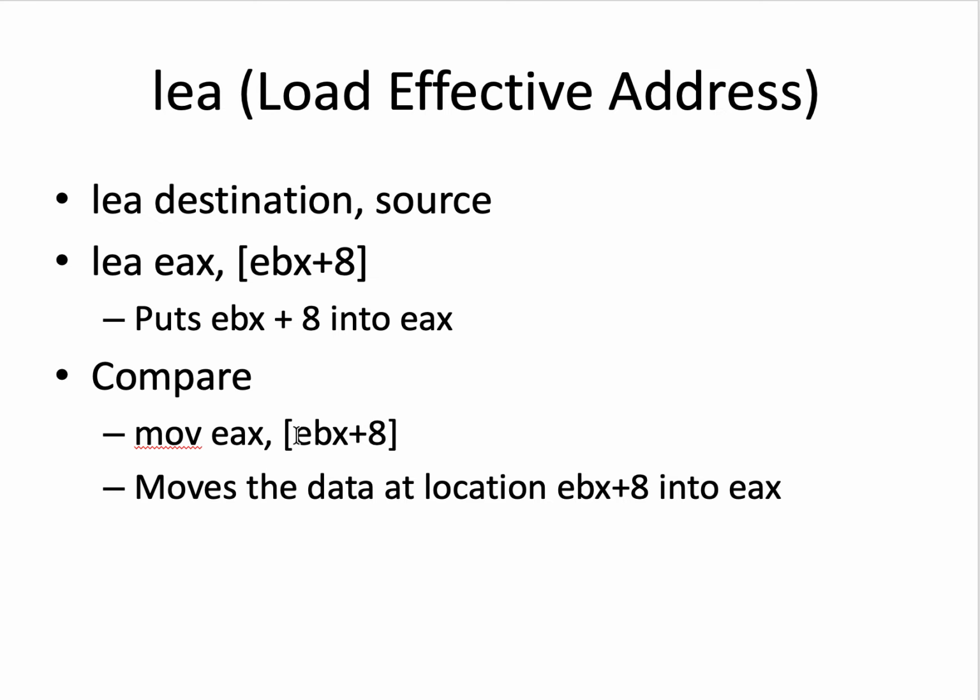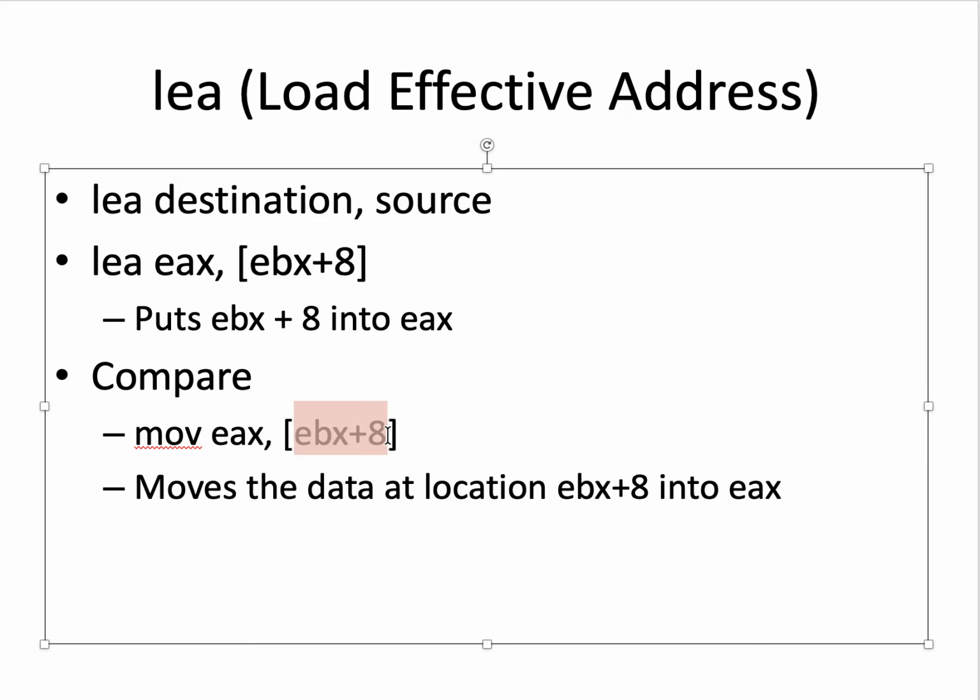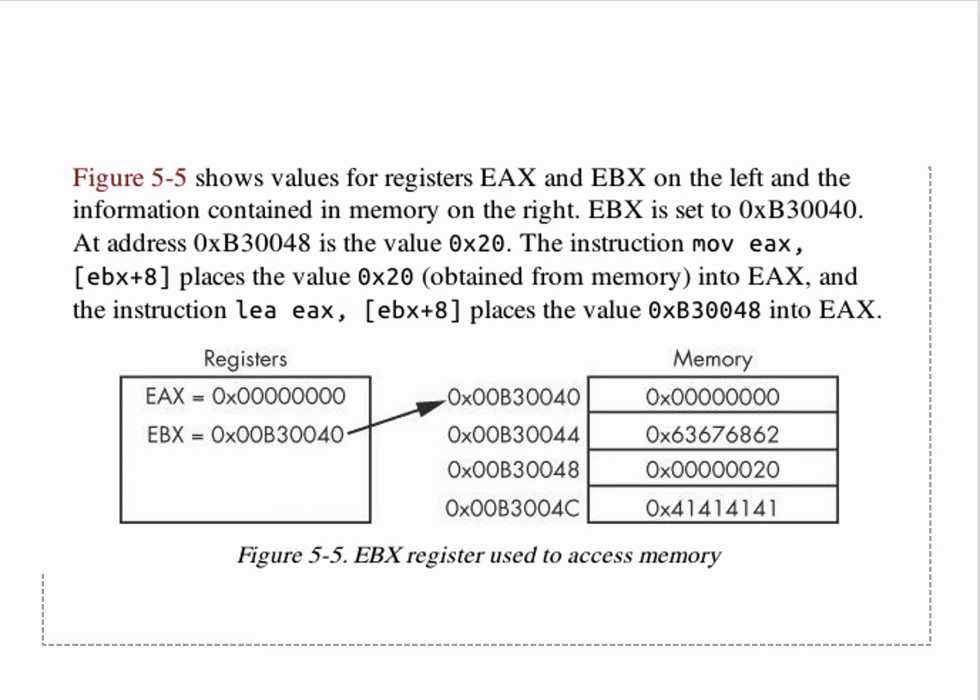Comparing moves the location, whatever is pointed to by the location of EBX plus 8, gets moved into EAX. So take a look at this one. This is kind of a basic summary of how your CPU treats these various commands.